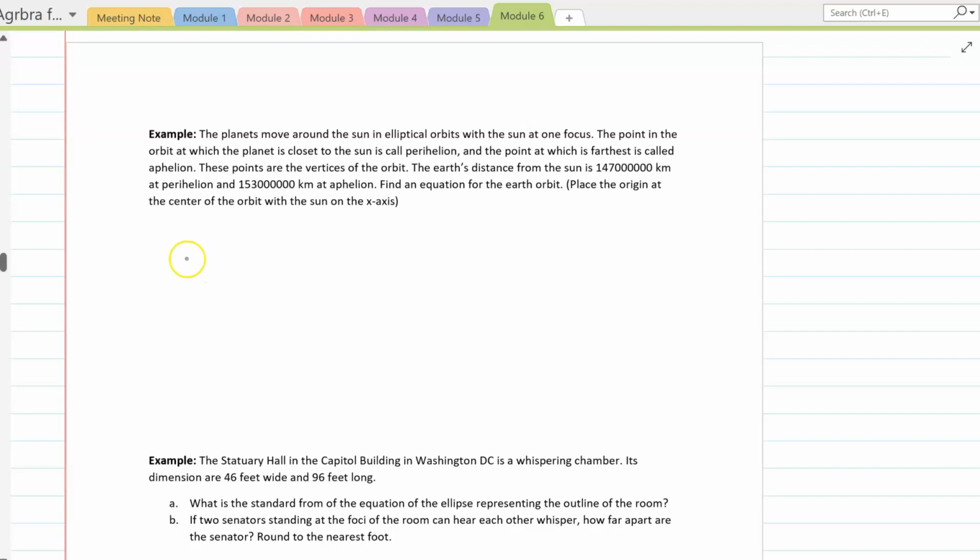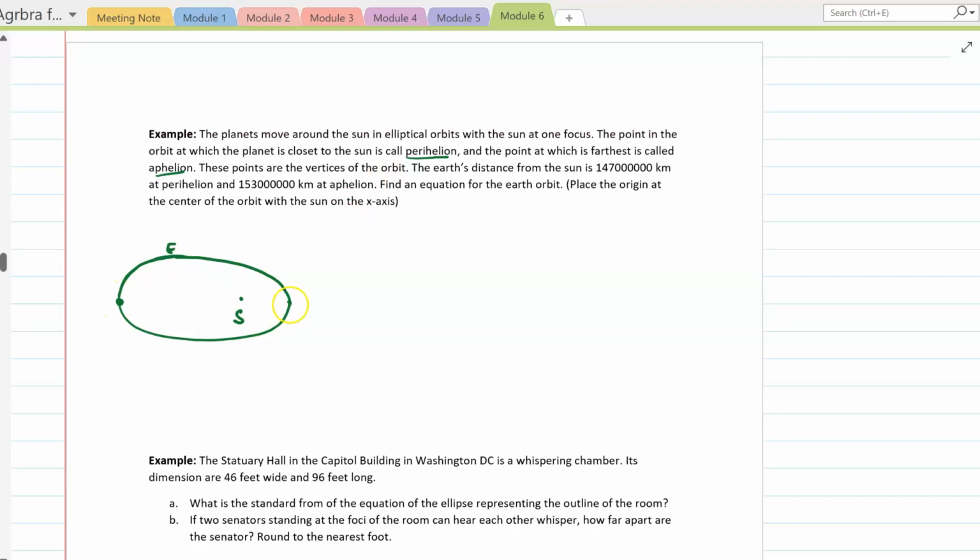Okay, so let's say here's the Earth, and it is orbiting around the Sun, and the Sun is at one of the foci. Now we were told that the point in the orbit where the planet is closest to the Sun is called a perihelion, and the farthest is called an aphelion. The points are the vertices of the orbit.